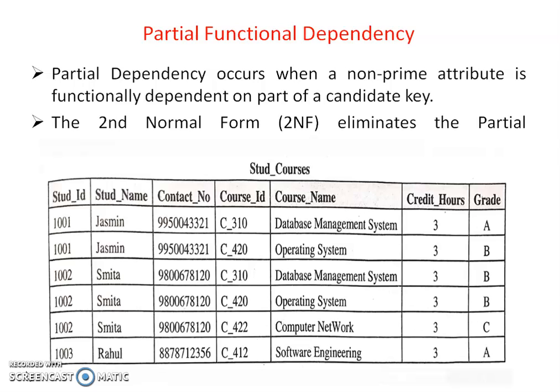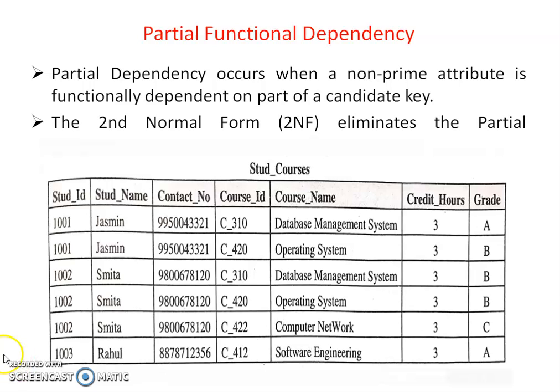In partial functional dependency, the determinant, meaning the left hand side of the functional dependency, consists of a key attribute but not the entire primary key, and the right hand side of the functional dependency consists of non-key attributes.